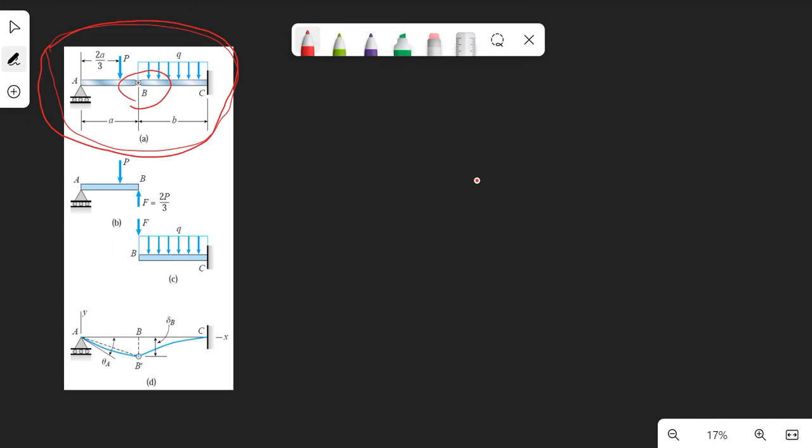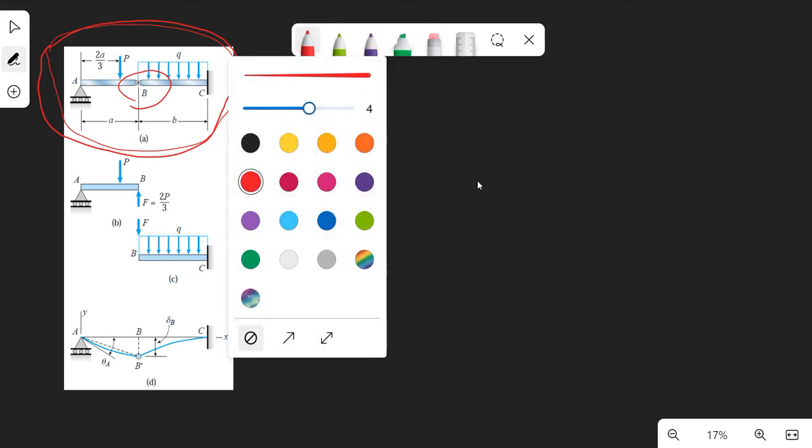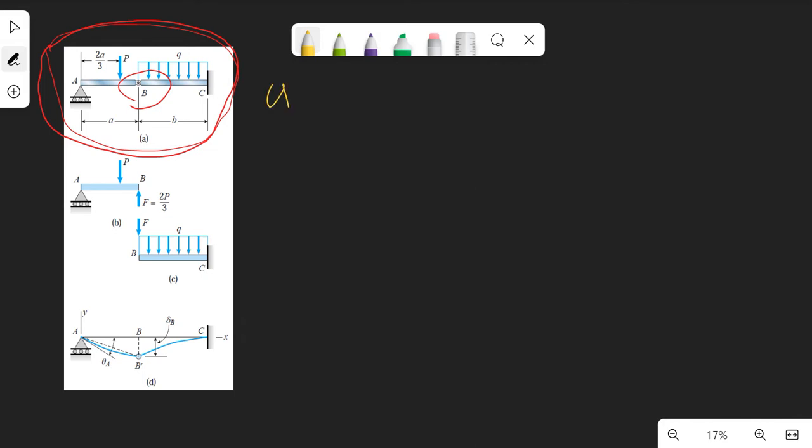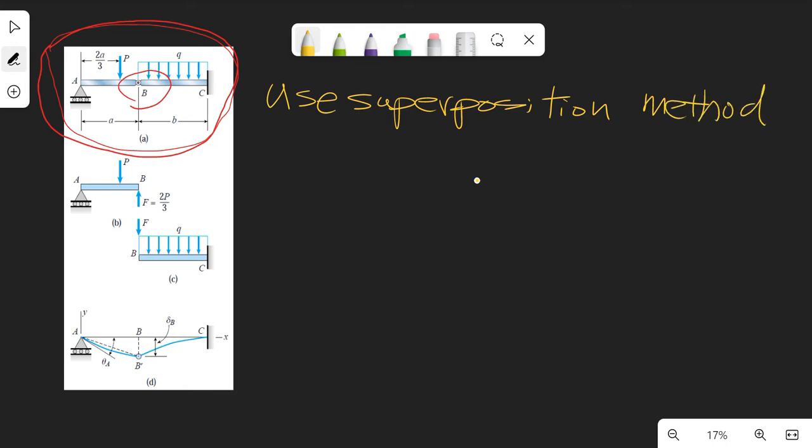But when you use a superposition method, it will become very easy.